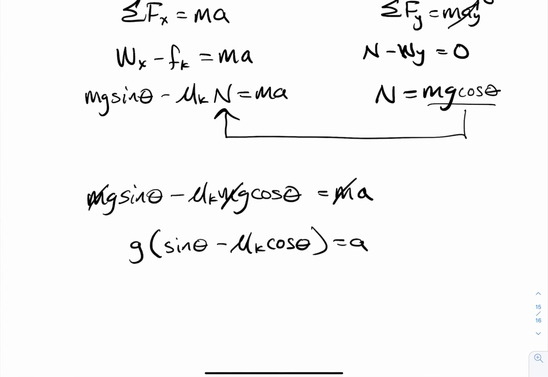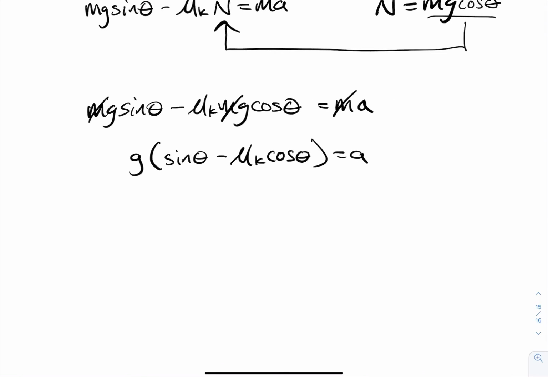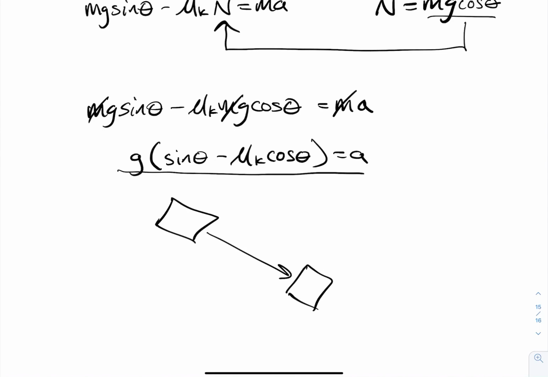But there it is. If we were to go ahead and substitute our values in, we could get that number, but we don't really have to. I'm just going to go ahead and continue on with the problem. It didn't actually ask for a, it asked for the velocity at a certain displacement. Once we have this expression for a, what we're really looking at now is a kinematic problem where we have a crate moving some displacement of 3 meters, and it's accelerating that way.